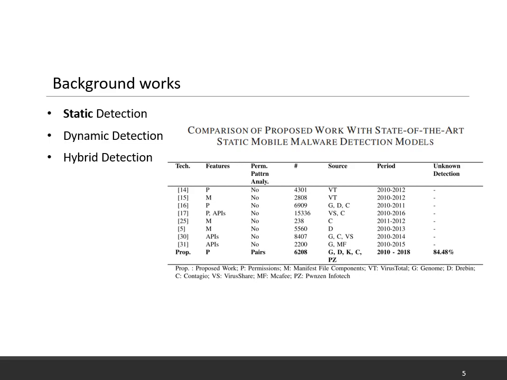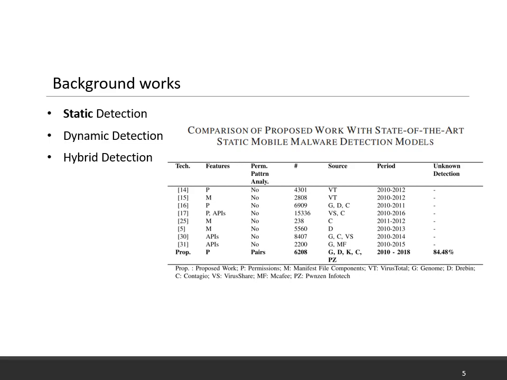Let's go to the methods. The previous methods are broadly categorized into three types: first, static, second, dynamic, and third, hybrid detection.